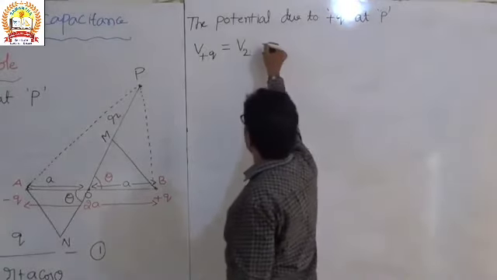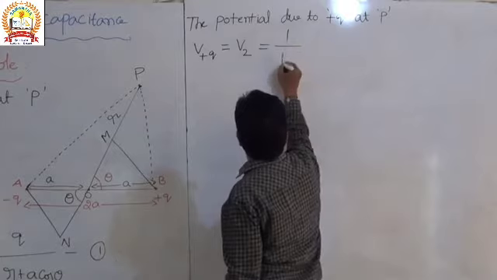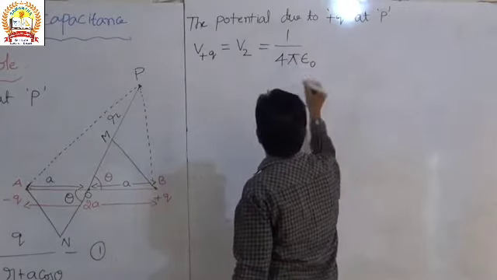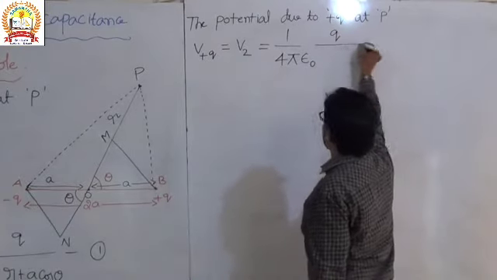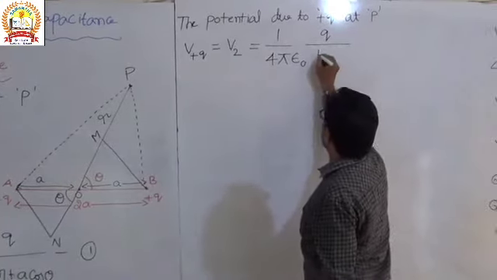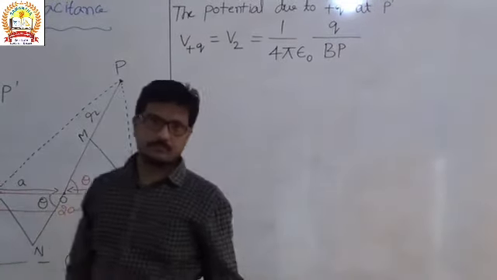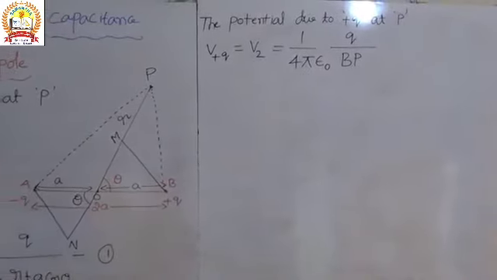So V2 is equal to 1 by 4 pi epsilon naught, Q by the distance from B to P. That is the potential due to the positive charge.